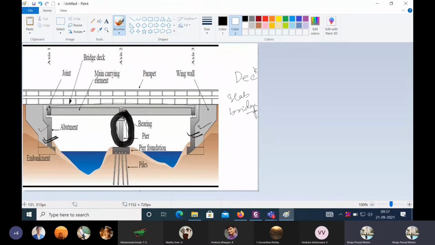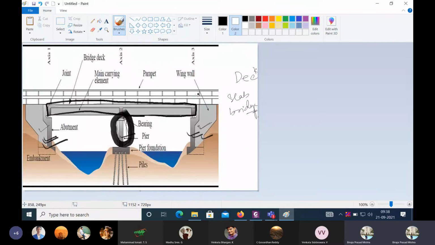The bridge is placed over the abutments and piers. What it does is provide a cross drainage structure.